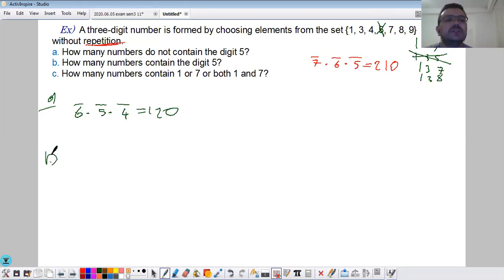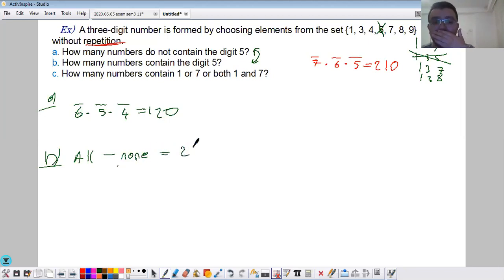So for the B, how many numbers contain the digit 5? I put them next to each other because of a reason. When it says including the number 5, sometimes we solve the questions from the opposite behavior. We say all possibilities minus none, minus the opposite.